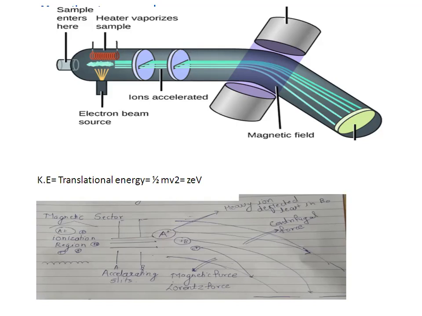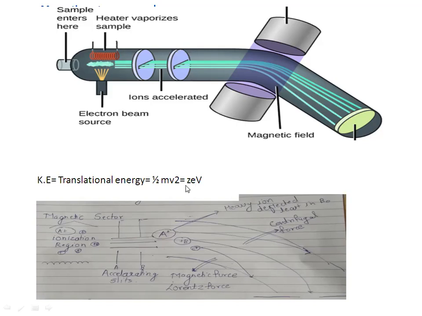The kinetic energy or translational energy acquired by the molecule is given by 1/2 mv squared, where m is the mass of the molecule and v is the velocity of the molecule, which is also equal to zeV. Here z is the charge on the molecule, e is the electronic charge, and V is the accelerating voltage.